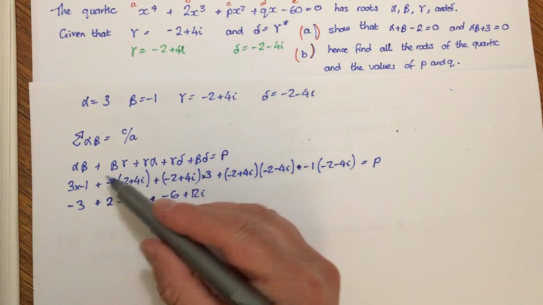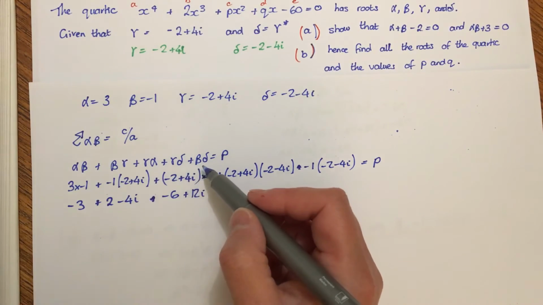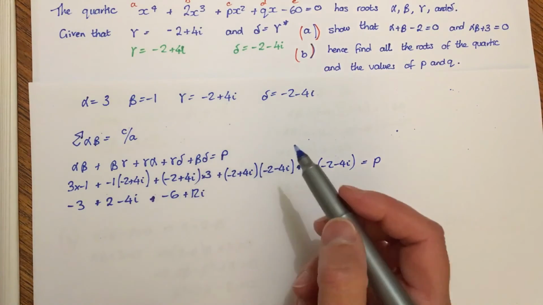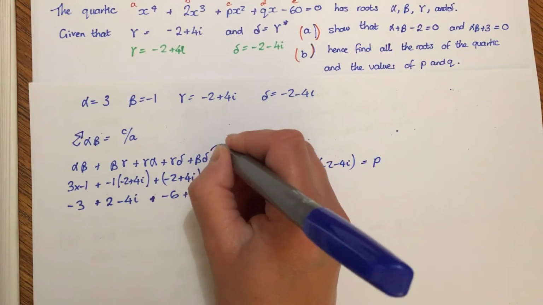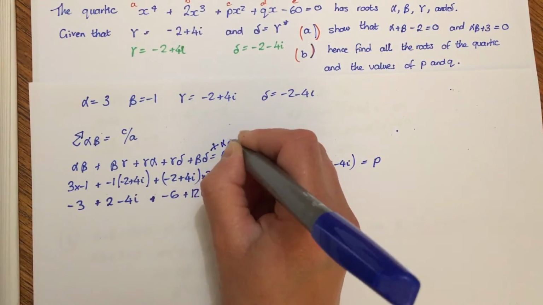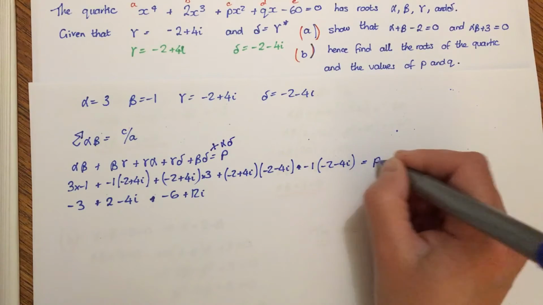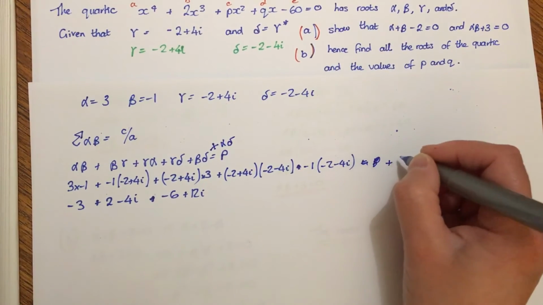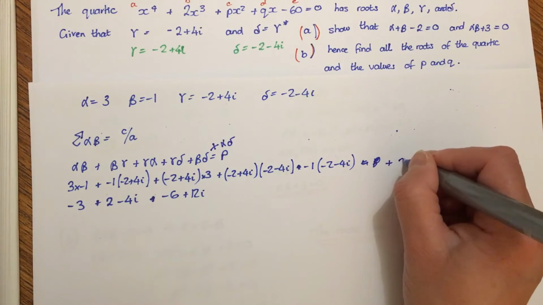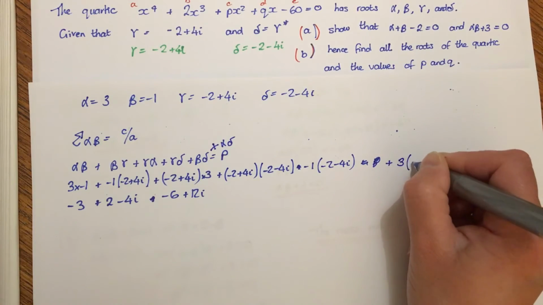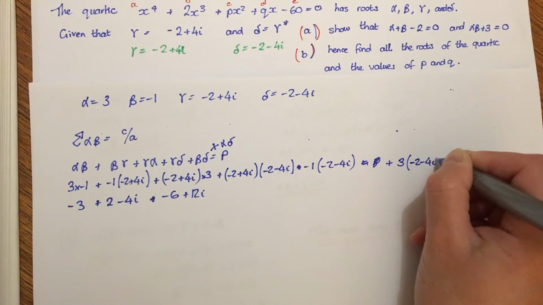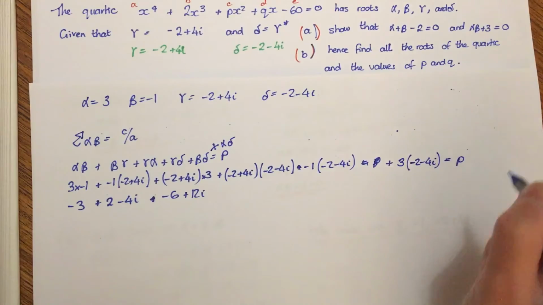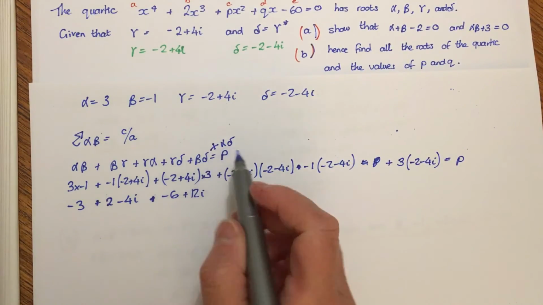Where's alpha delta? 1, 2. Oh, I've missed one out. Okay, so I'm going to stick it on the end. Plus alpha delta. Plus alpha, which is 3, delta, which is minus 2 minus 4i, equals P. Sorry about that. Should be 6 of those, I only put in 4.